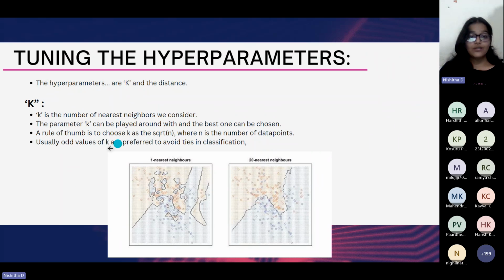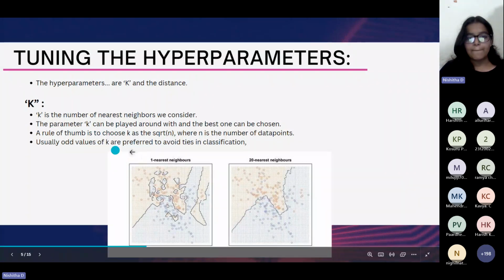Also, you have to choose odd values of k, odd integers, so that you avoid ties in classification. For example, if you choose an even value of k, say 2 or 4, then you can have exactly half of the data points belonging to class A, and the other half belonging to class B. So you'll get a tie over there, right? To prevent that, you can choose k as an odd number.